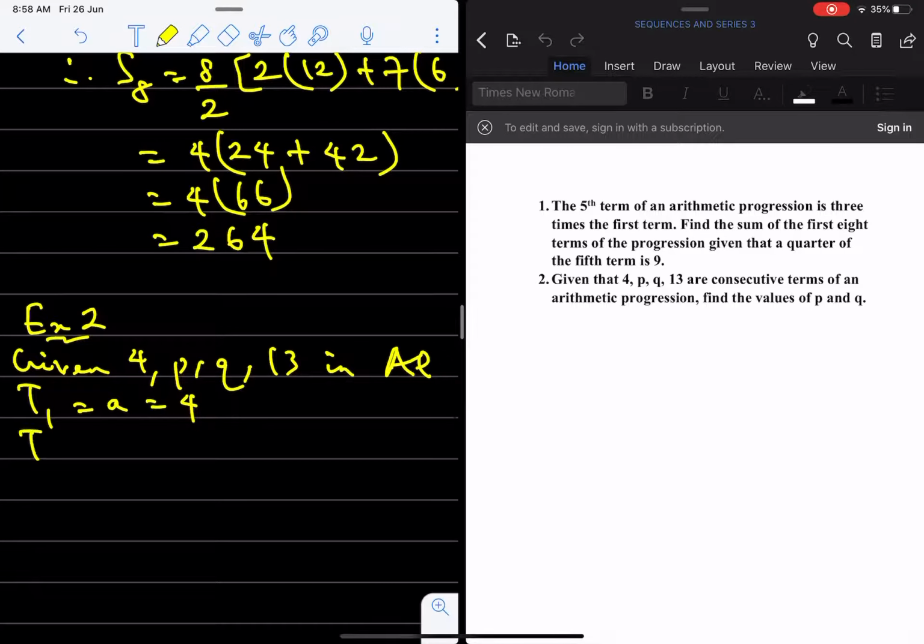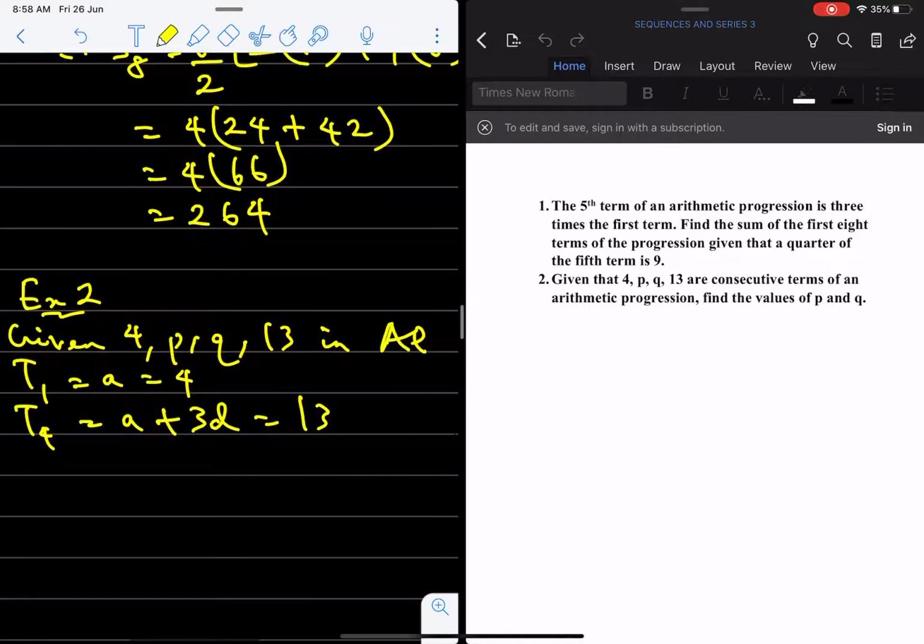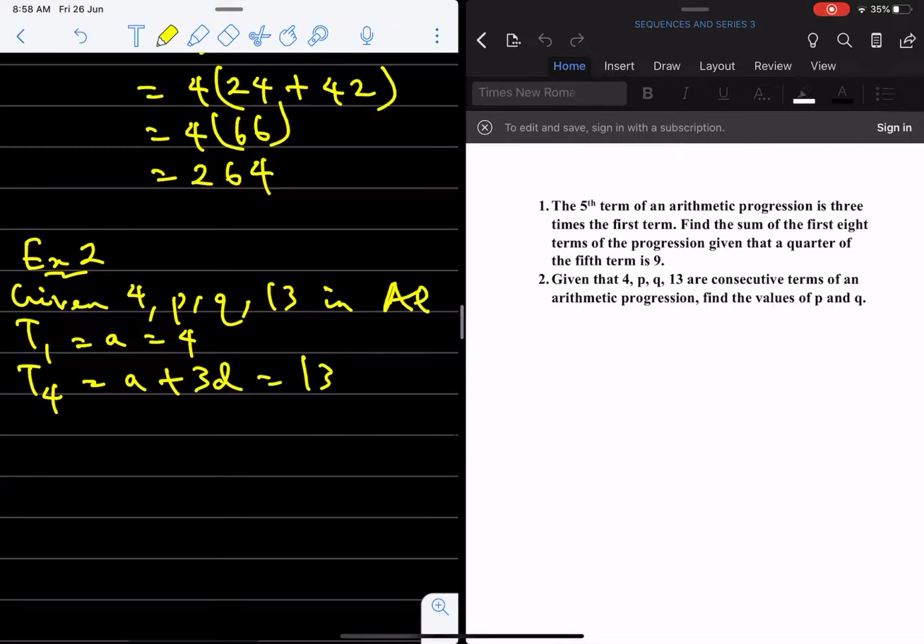And we also know T4, which is defined by a plus 3d, to be 13. Now, this simply means a plus 3d equals 13.